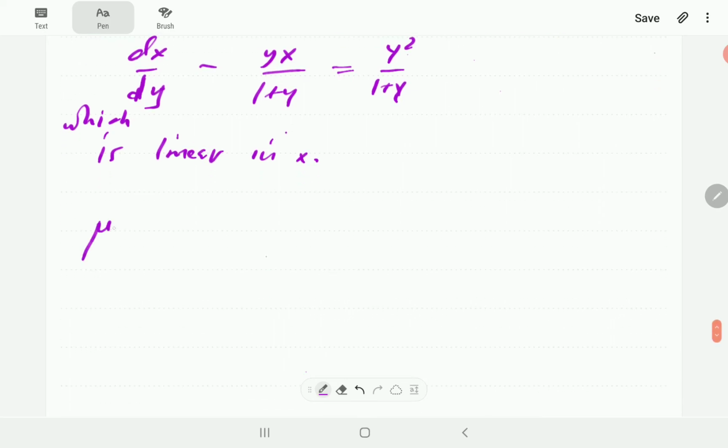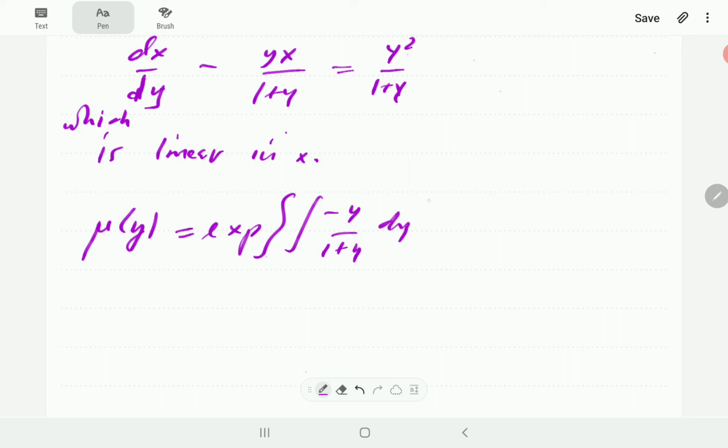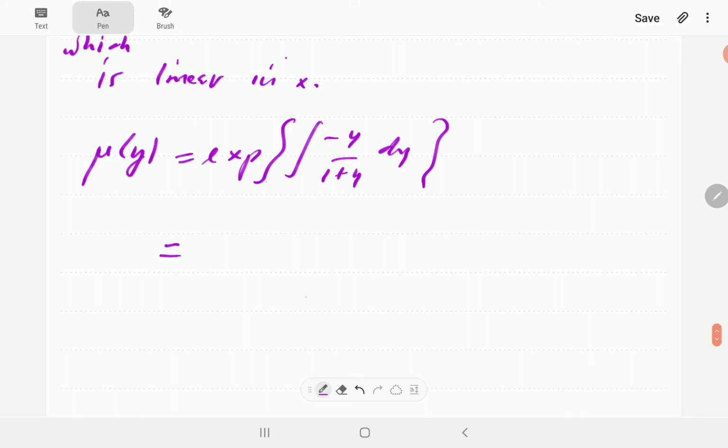So the integrating factor is going to be the exponential of the integral of minus y over 1 plus y dy. This function is an improper rational function.